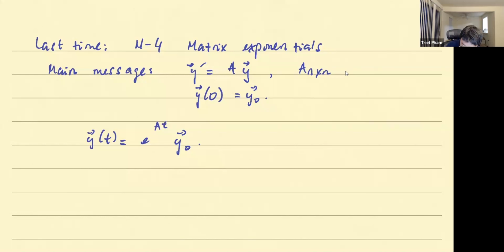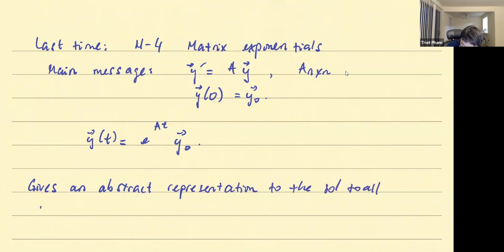This gives an abstract answer, an abstract representation of the solution to all systems of linear first order ODEs with constant coefficients.